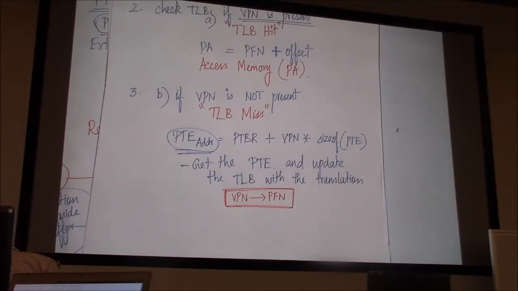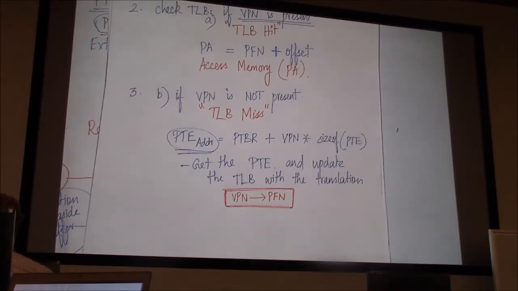So when you are updating, you are bringing this page table entry to the TLB. Since it is now going to be present in the TLB, we are going to update the valid bit of the TLB to be 1, so that we are saying the correct translation is present here.